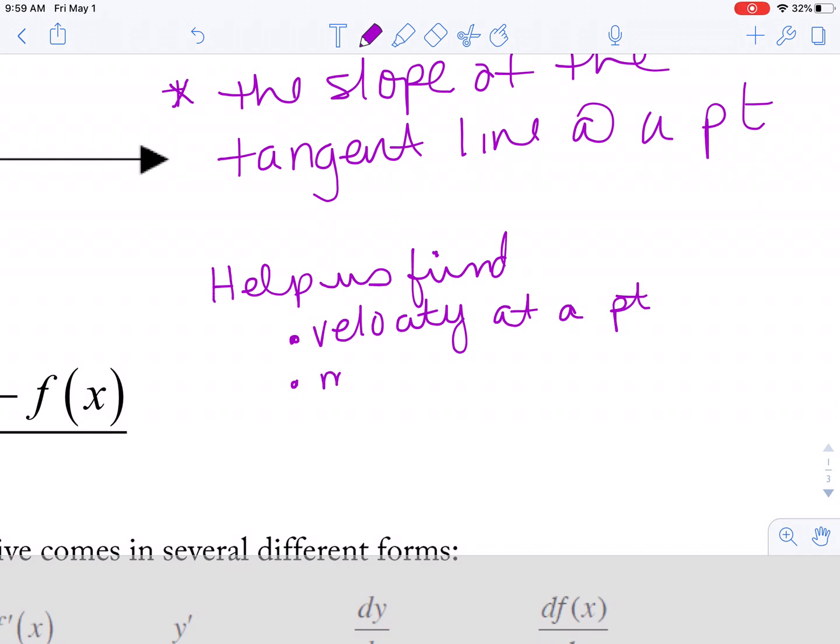Eventually, we will find the min and the max of functions. And we'll also use this to find increasing and decreasing.